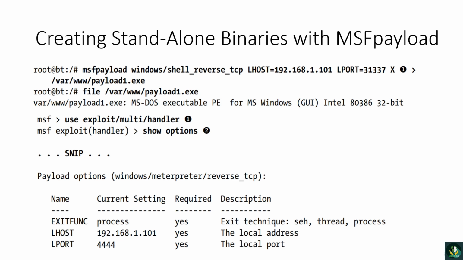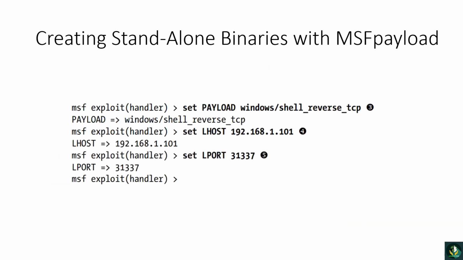We first use the multi-handler module in here, then quickly display the options with show options. Then we set our payload to a Windows reverse shell here. As you can see, we are using a reverse shell here, so that it matches the behavior of the executable that we created earlier.